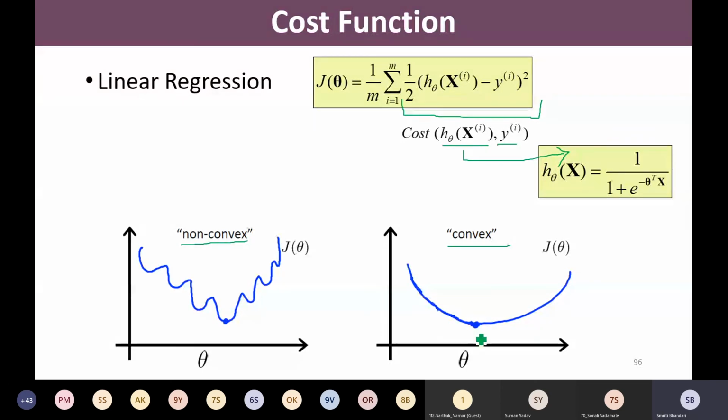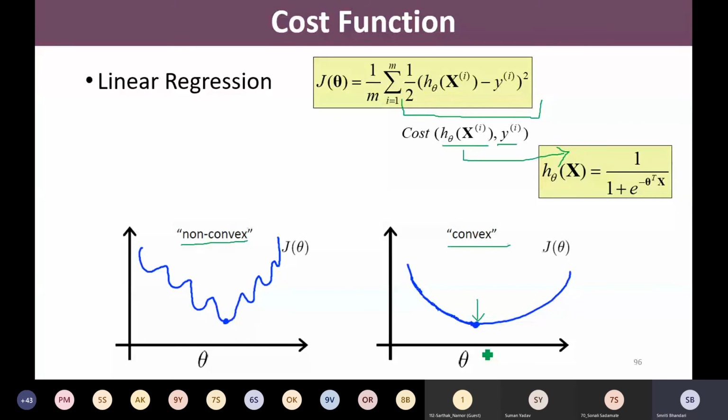And if I am having such a convex function, then I may assure that I am having one global minima, and my gradient descent will take me to this global minima, and it is possible for me to come up with the optimal values of theta.